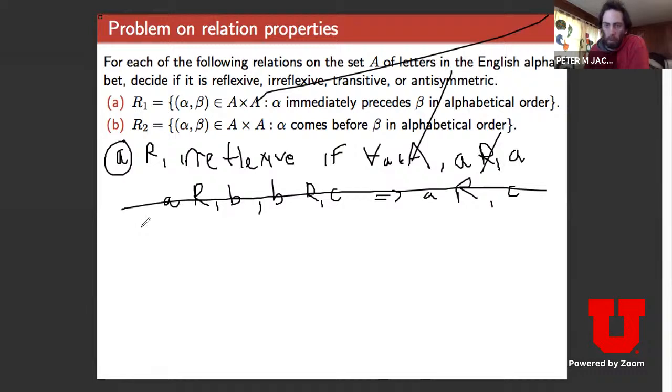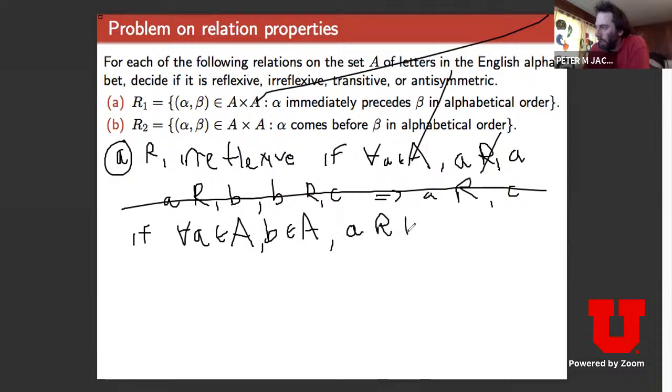While you think about that, I'll write down the definition. If someone wants to interrupt me and say what they think the answer is, just go right ahead. It would be antisymmetric if for all a and b in A, if a was related to b and b was related to a, that would imply that a equals b.